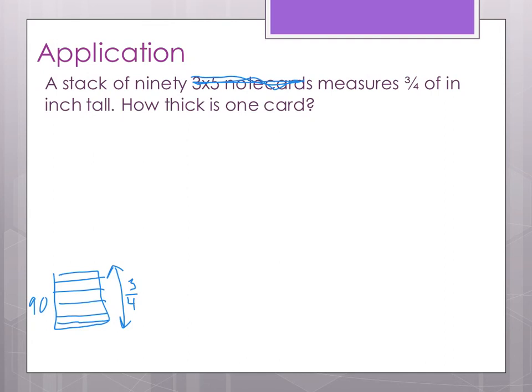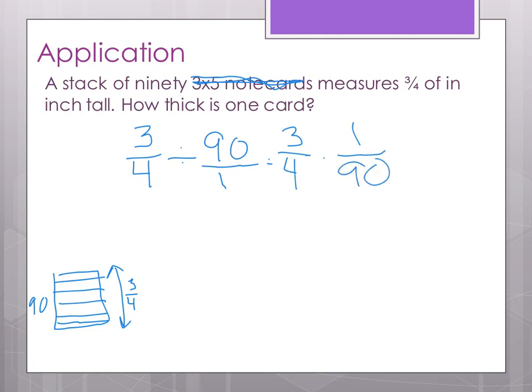To find the height of one card, I'm going to take the total and divide it by the number of parts, and that will give me the size of the part. So the total here is going to be that total height, 3/4. And I divide that by my number of parts, which is 90, but I'm going to write that as 90 over 1. Now keep, change, flip. We're going to get 3/4 change to times 1 over 90. At this point, I'm going to cancel out common factors if there are any.